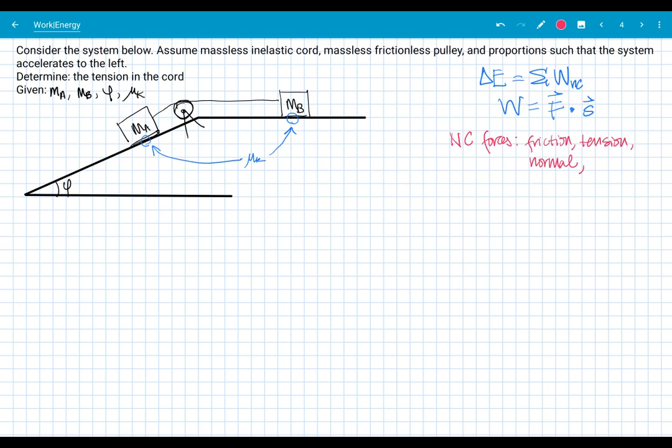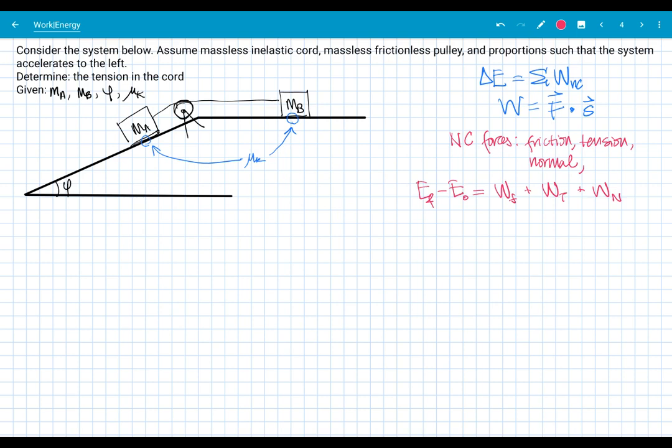So if I take my energy analysis statement, that'll be the final mechanical energy minus the initial mechanical energy equal to the work done by friction plus the work done by tension plus the work done by the normal force. That's just doing one more step of specificity.